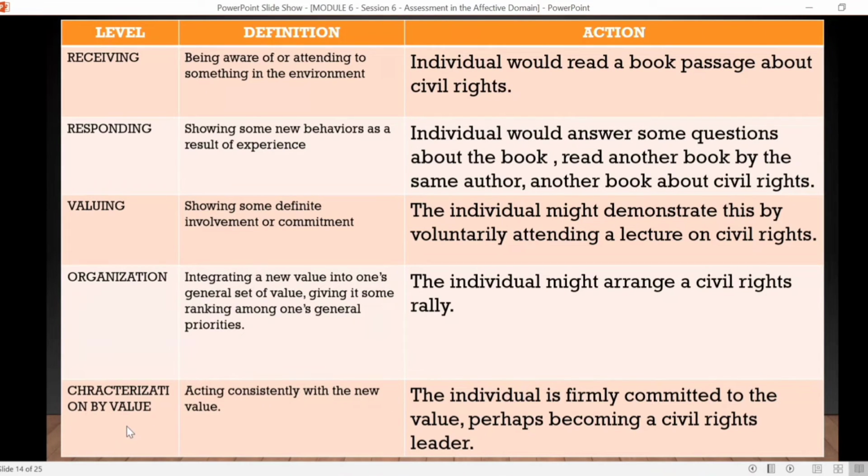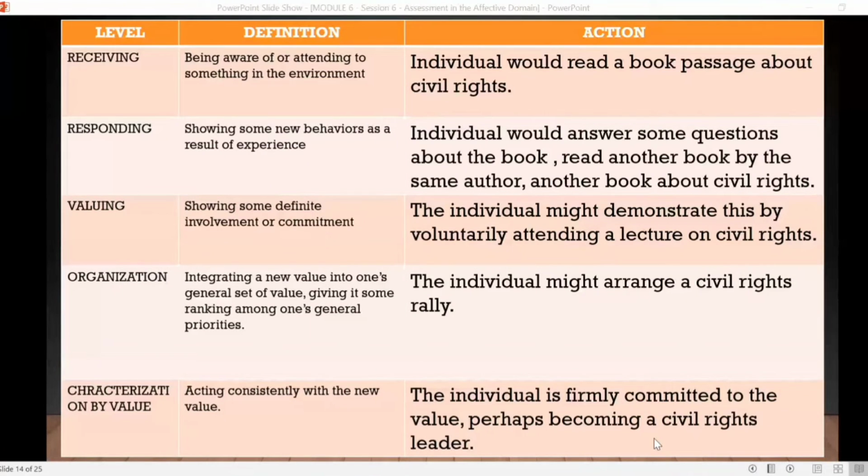Last level is characterization by value, acting consistently with the new value. So the individual here is firmly committed to the value, perhaps becoming a civil rights leader. Sir, it's hard to achieve this last part because there is already this actualization, like you need to commit yourself 100%.